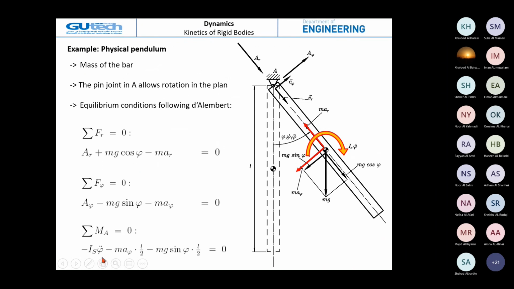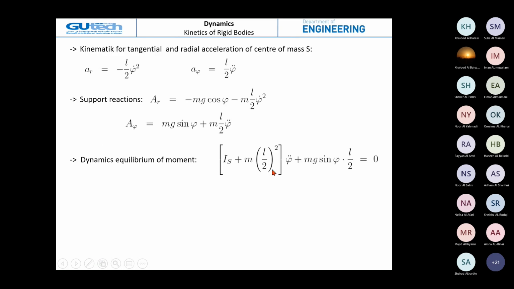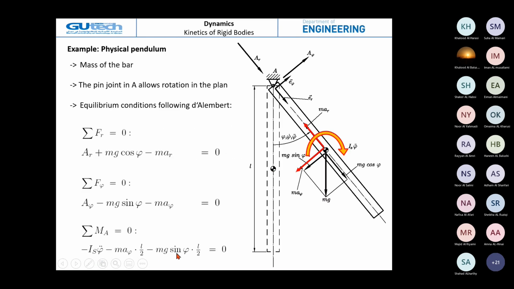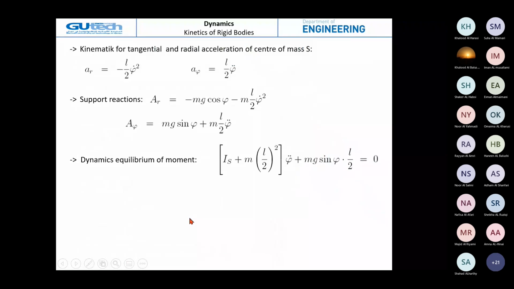When we take the moment about S, that means we take m g sine phi times L divided by 2, and M_ES we have to replace.